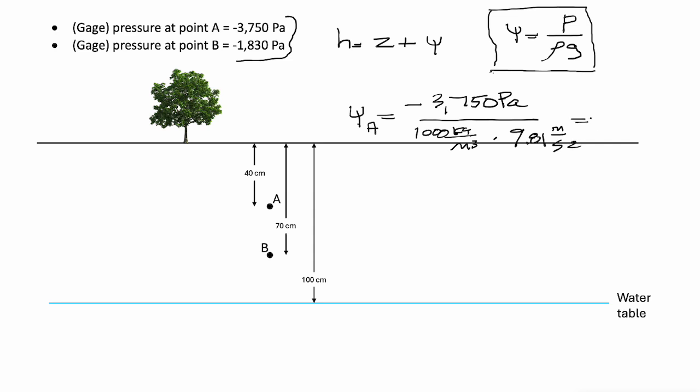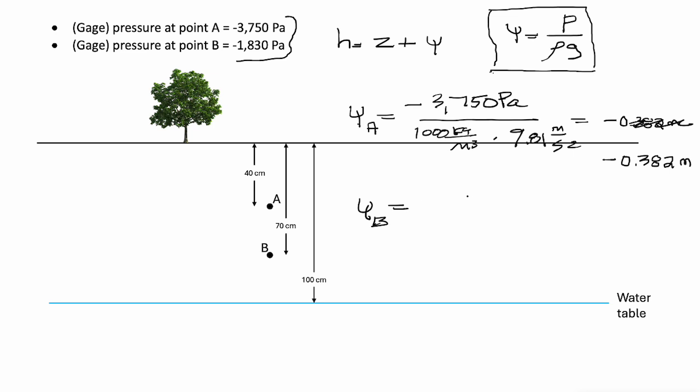And I plug that into my calculator, and I get a value of negative 0.382 meters. I'm going to leave three significant figures here. Negative 0.382 meters.